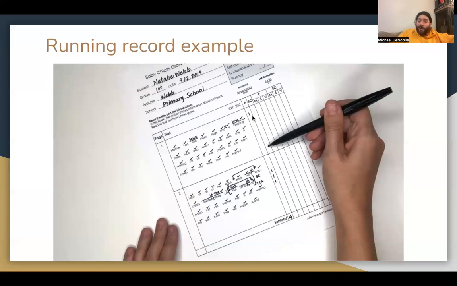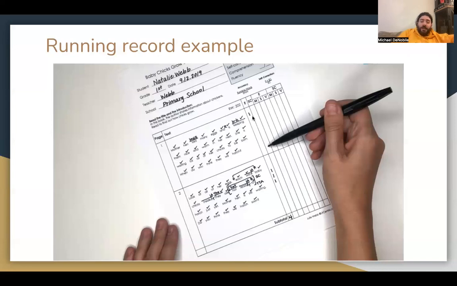And with this running record, let's say for reading, you may have this for first grade, second grade, third grade, fourth grade, fifth grade, sixth grade. Oh, it's also typical in middle school, not used as often at the high school level, unless we're dealing with students with disabilities. Sometimes in some of their services, their speech therapist may do a running record.